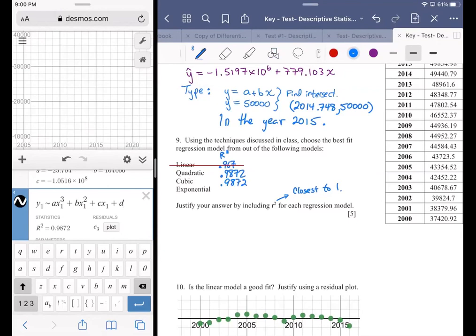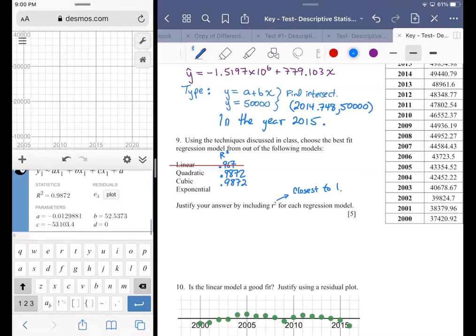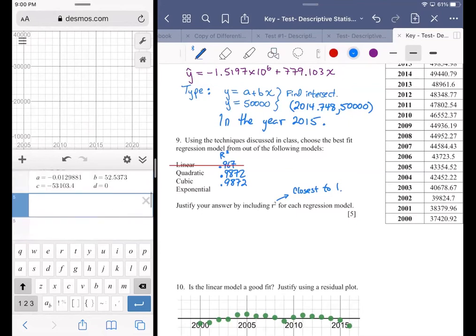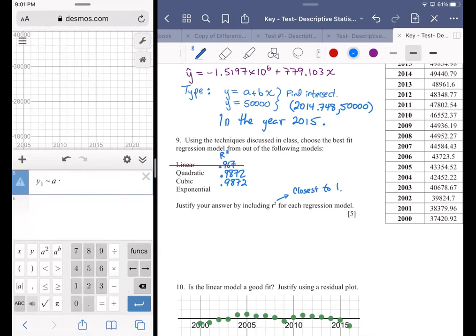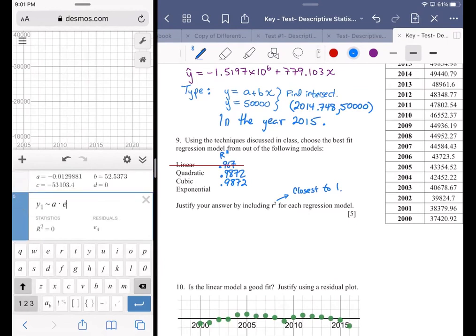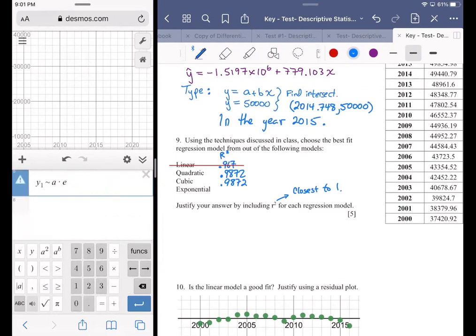Let's see if the exponential is going to be the tiebreaker. If not, we've got to make a choice between the quadratic and the cubic. So for the exponential, Y1 tilde A times E raised. Oh, you know what? Sorry.